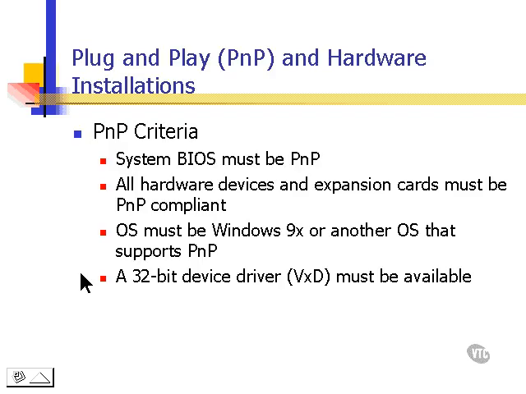Once we have all the pieces in place and we get the operating system installed properly so that it can recognize all of the devices in the computer, then all of this information will be written to the registry, and the registry will be read at startup when the computer is using a Windows 9X or Windows 2000 operating system. So we'll talk about the registry in our next section.